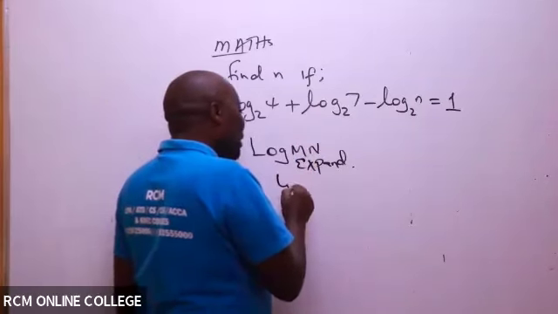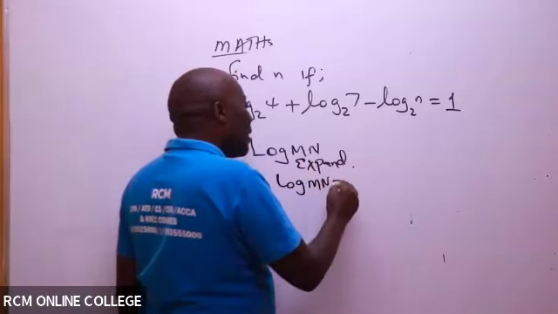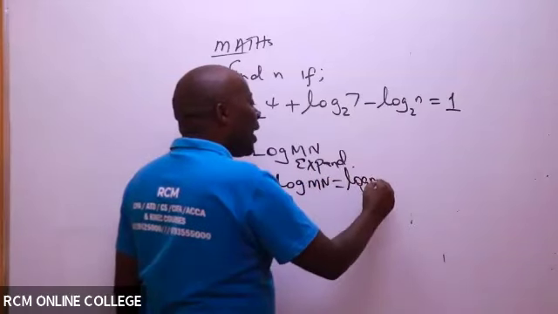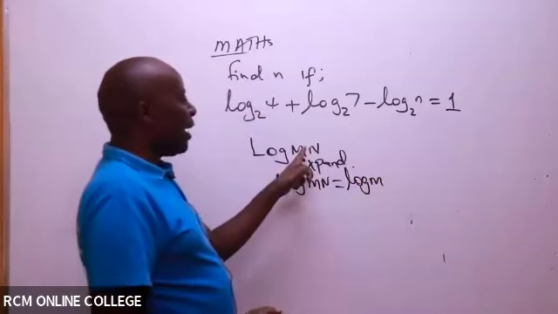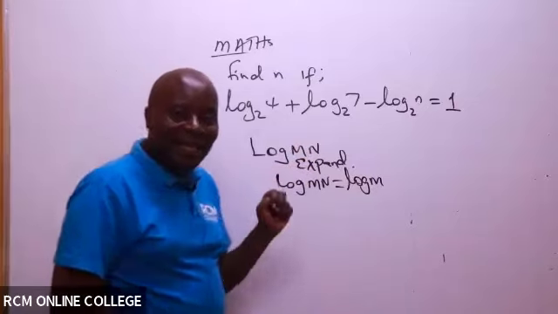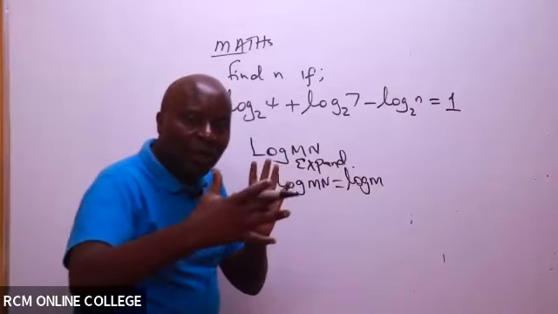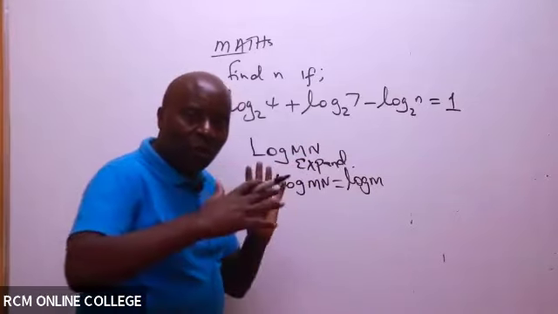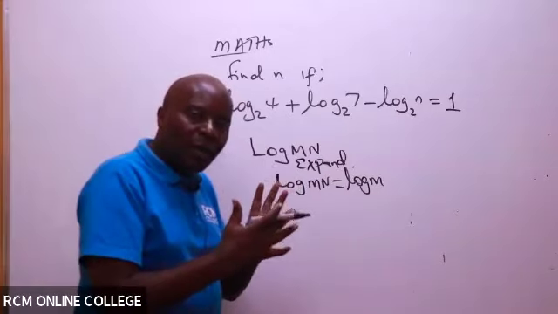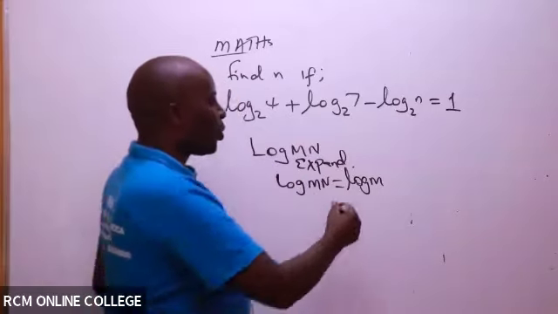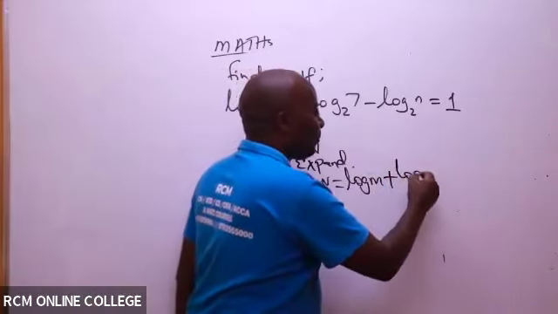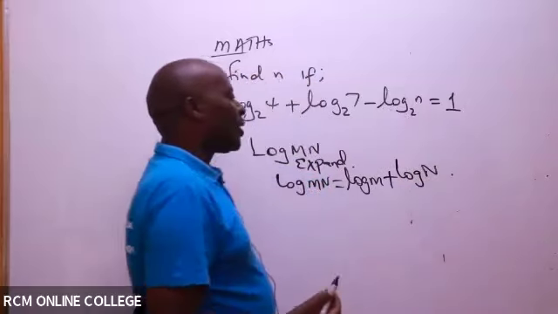So log mn will be log m. Because here we have a multiplication implied, when I look at them independently and introduce log, we talk of plus. It will be log m plus log n.